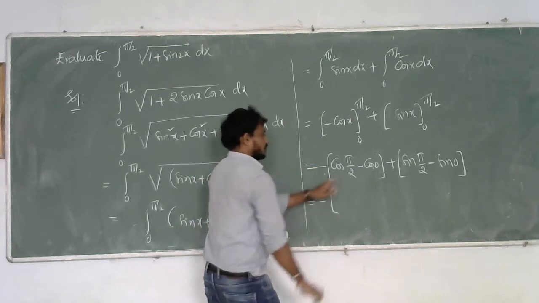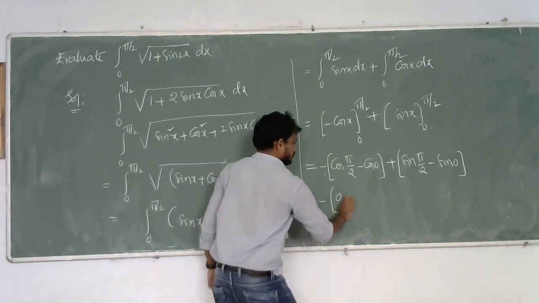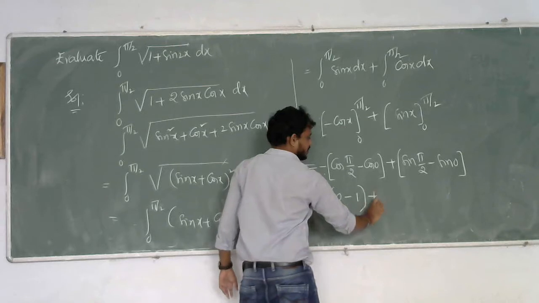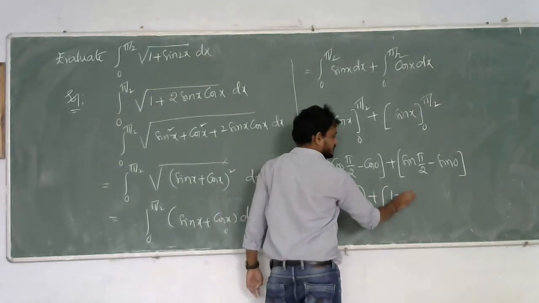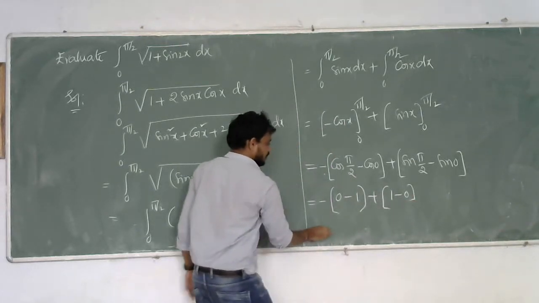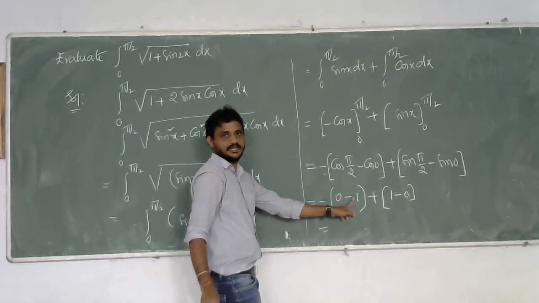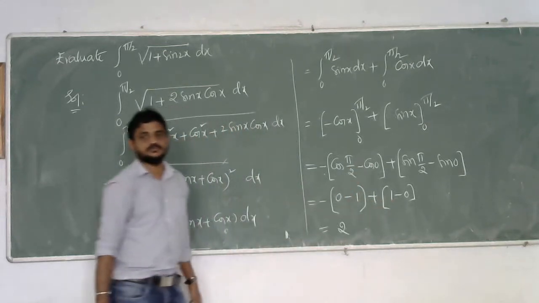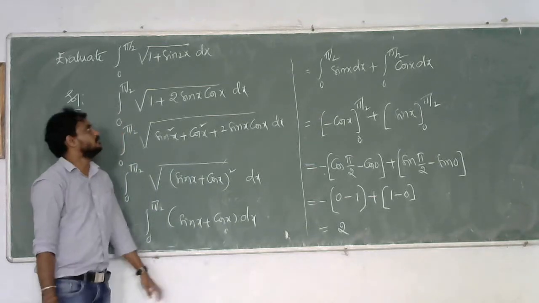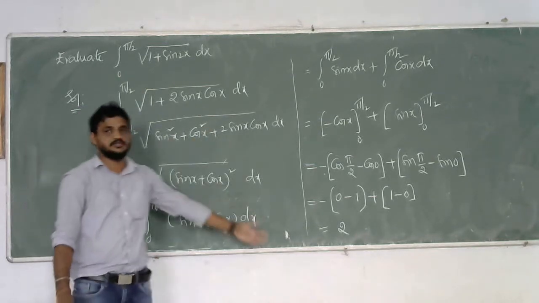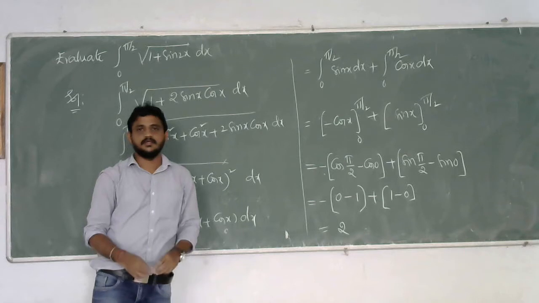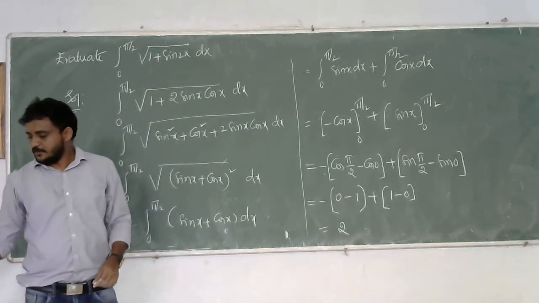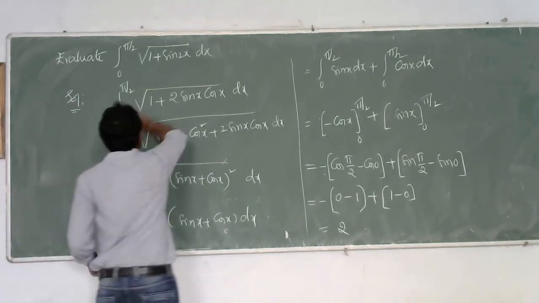Now cos 90 is 0, cos 0 is 1, sin 90 is 1, sin 0 is 0. Here minus into minus gives plus 1, and here plus 1. So the integral value of this is plus 2.